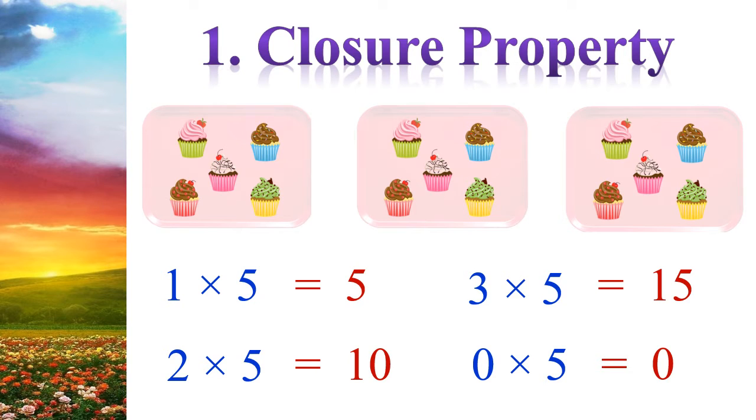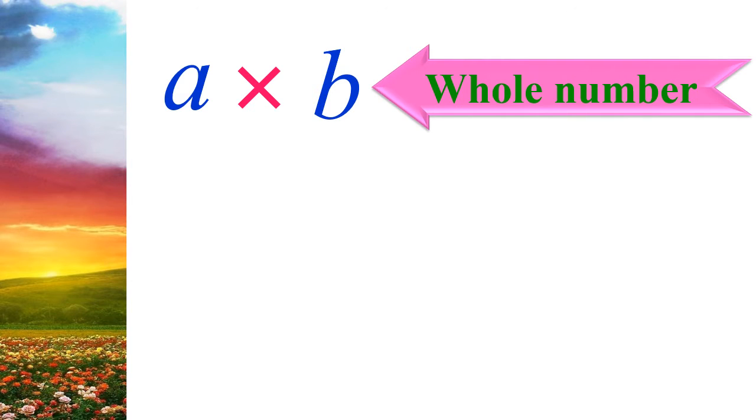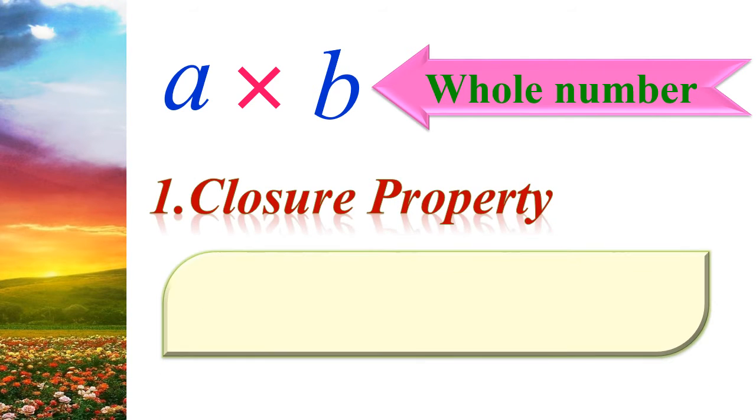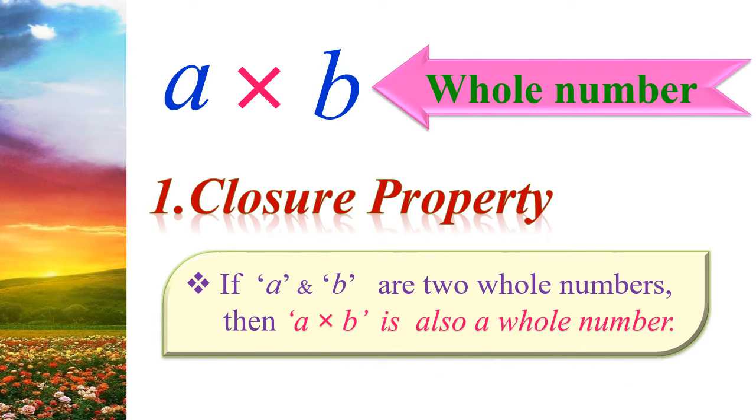So we learn from this, when two whole numbers are multiplied, we always get a whole number as the result. If A and B are two whole numbers, then the product is also a whole number. So we define the closure property as, if A and B are two whole numbers, then A into B is also a whole number.